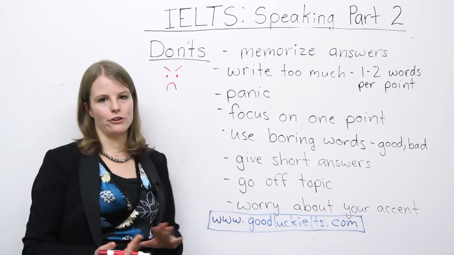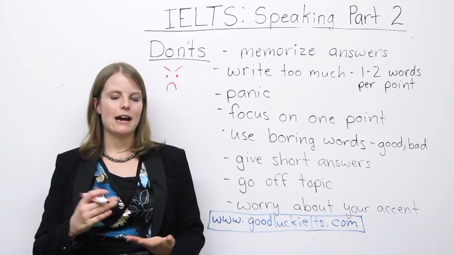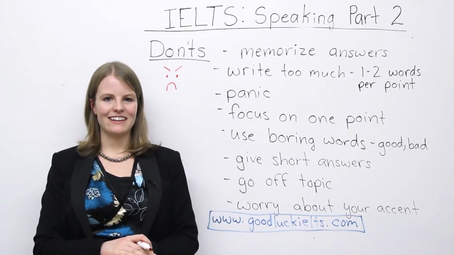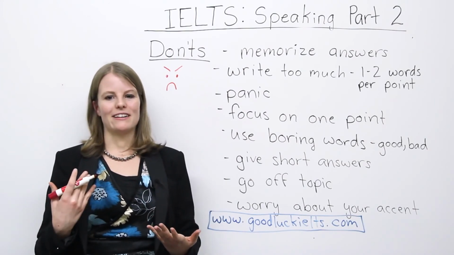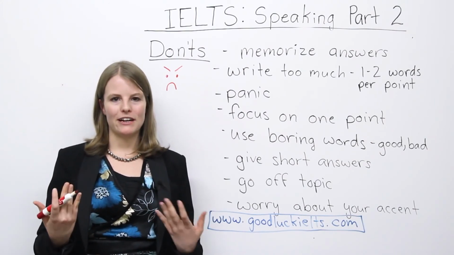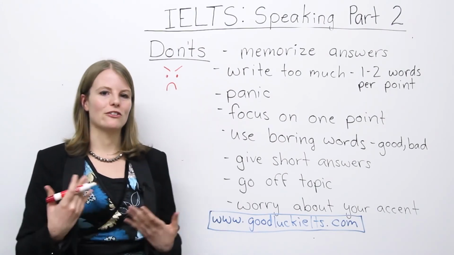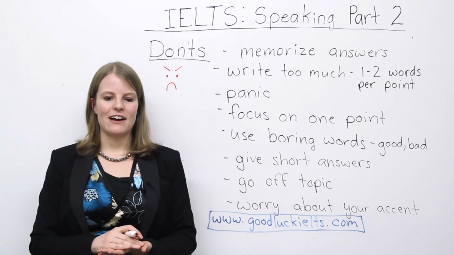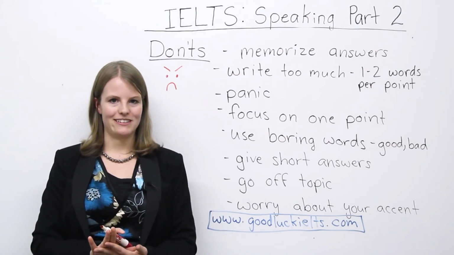This is actually a very important point. A lot of students tell me they really worry about their accents. They think, oh, I can't pronounce things very well. I might mispronounce a word. I have problems pronouncing R, for example, or certain letters, CH. It's okay if your pronunciation is not perfect.